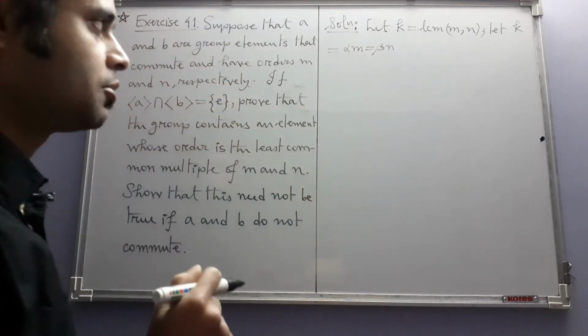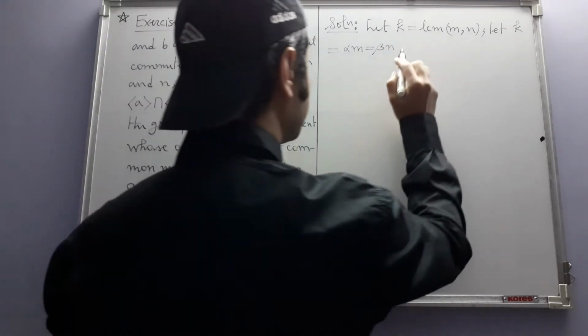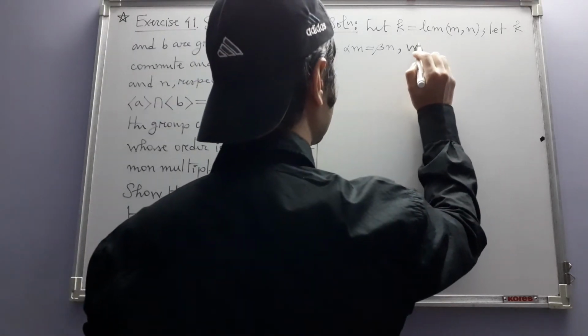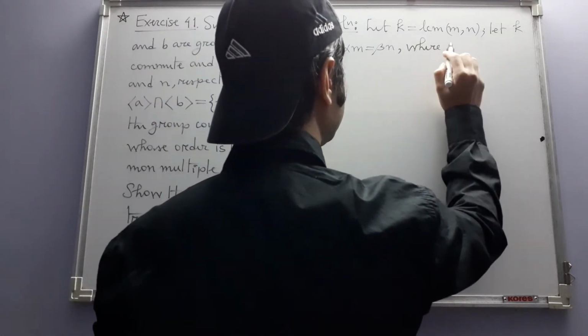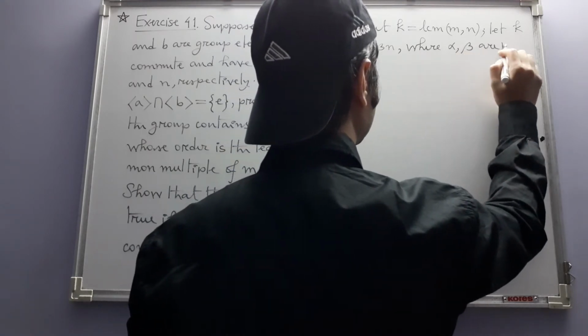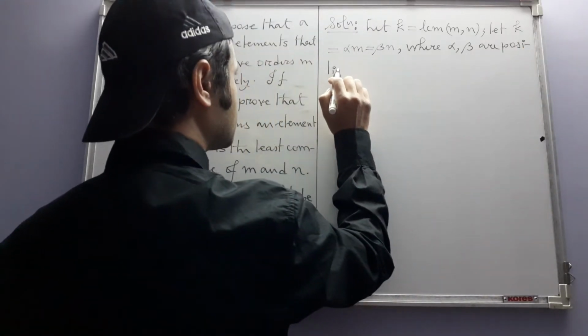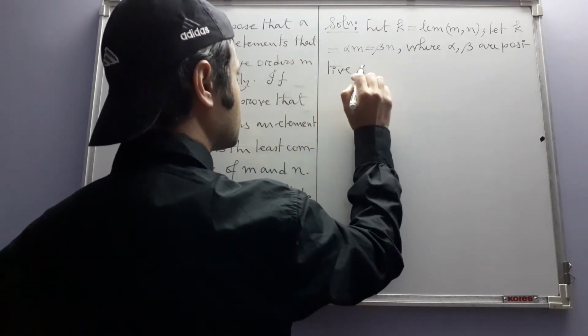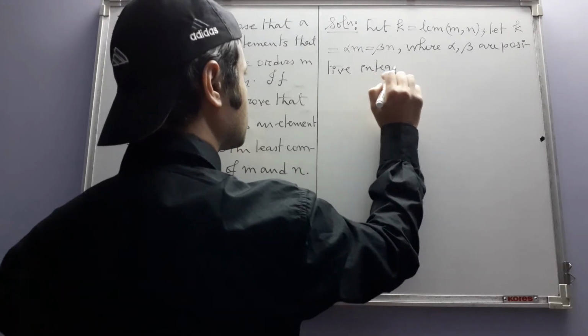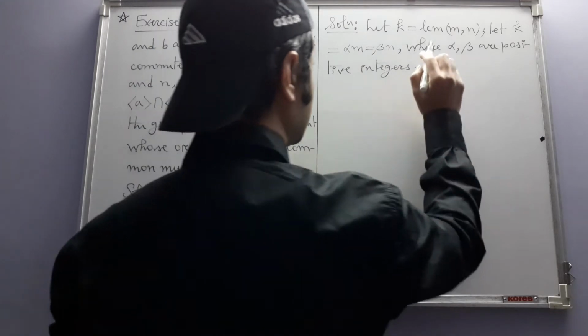Because K is the common multiple, it will be multiples of m and n, where alpha and beta are positive integers.